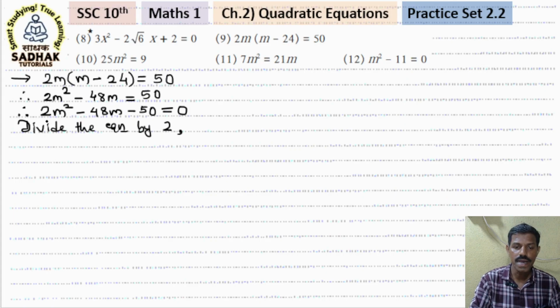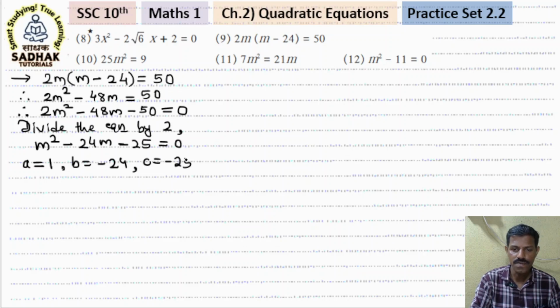We will get 2m square divided by 2 will give us m square, minus 48m divided by 2 will give us 24m, minus 50 divided by 2 will give us 25 is equal to 0. Now let us compare this with our standard form and write the values of a, b and c. So a will be 1, b will be minus 24 and c will be minus 25.